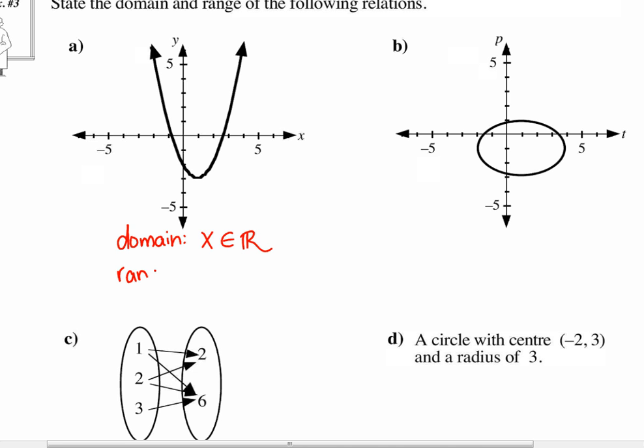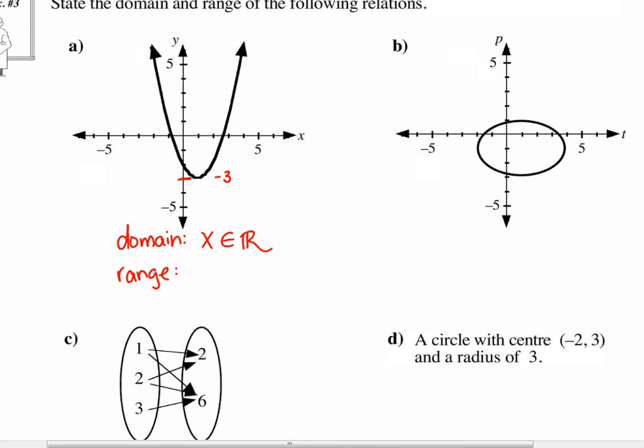Range. I think it's actually an epsilon, not an E, that's the proper name for it. But anyways. Range. How far up will this graph go? Forever. How far down does it go? Up until -3. So from -3 and up. How do we write that?